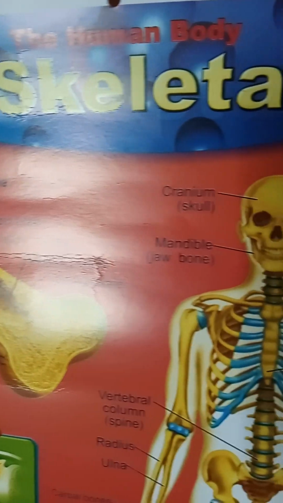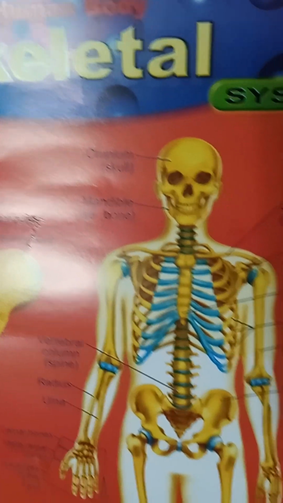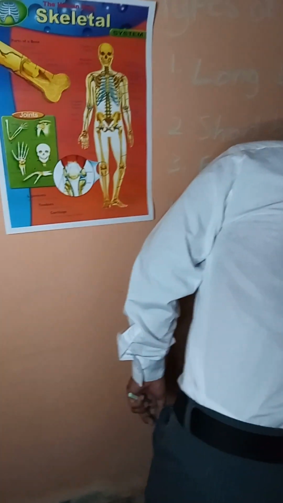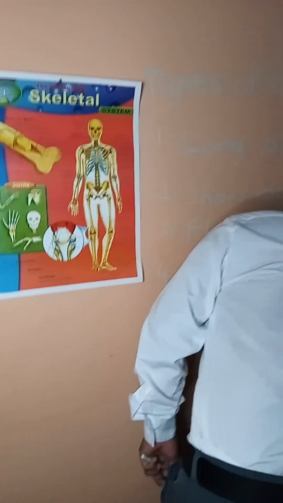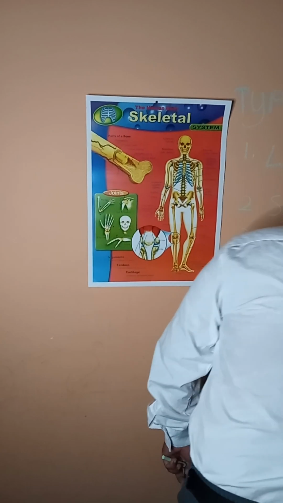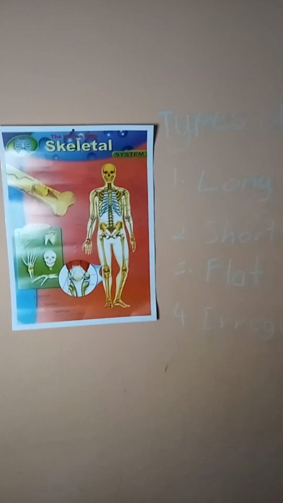So the last one we're going to look at today is the irregular bone. Now, where could we find the irregular bone, and why do you think we call it the irregular bone? Anyone?